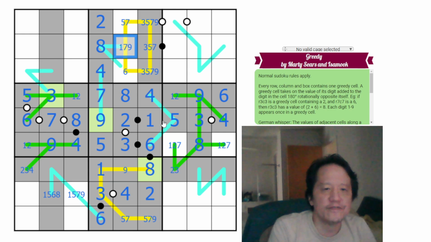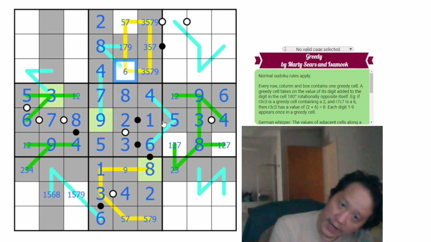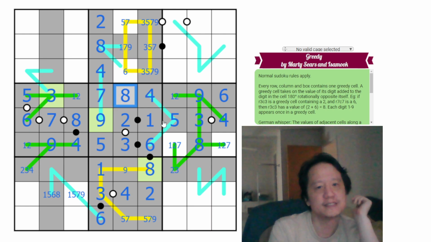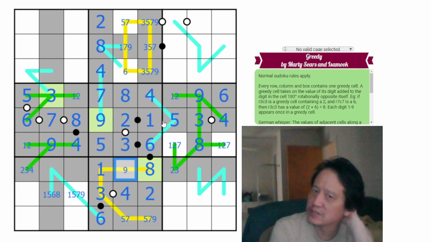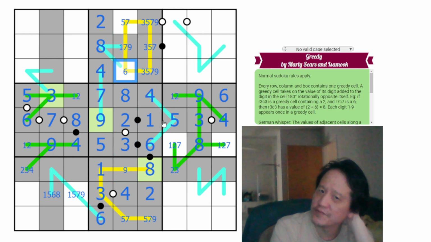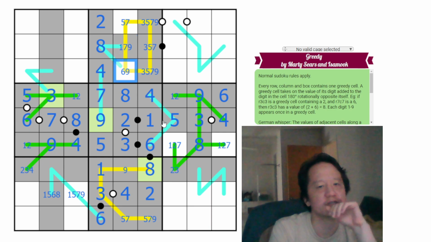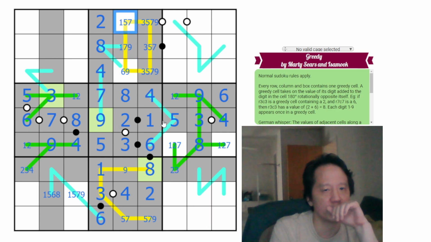If it's 7, it could be 9, or it could be 6 and 1. It cannot be 6 and 1. It can't be 6 and 3. So if this is 7, this has to be 9. So if this is 7, this is 9. This would have to be a 1.